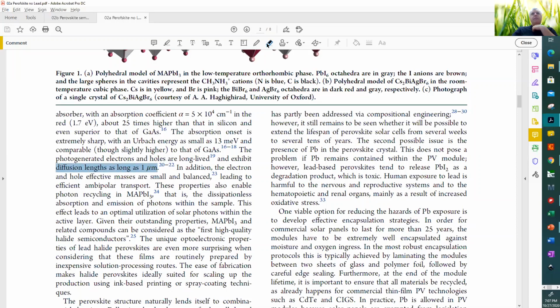Let me highlight this guy right here. Then I'll make a comment that diffusion length and recombination rate are related.